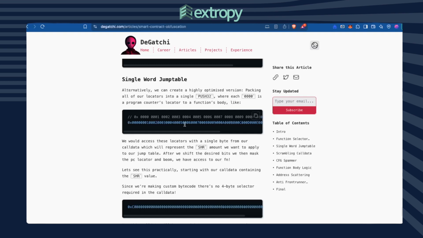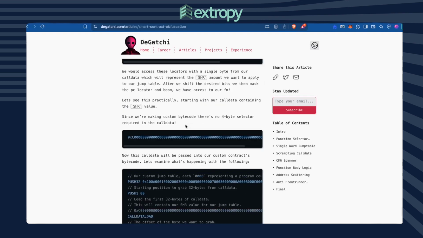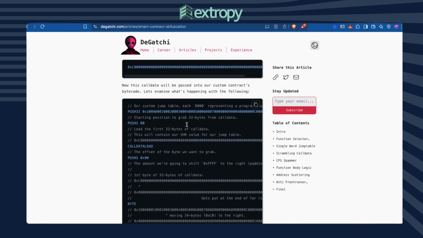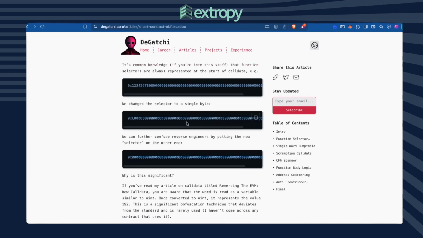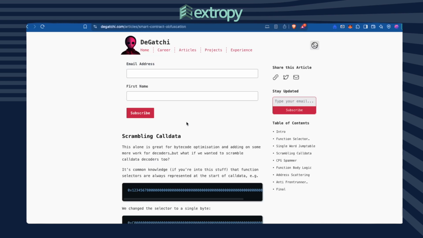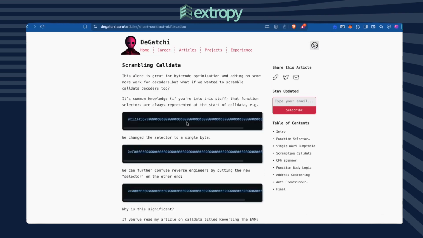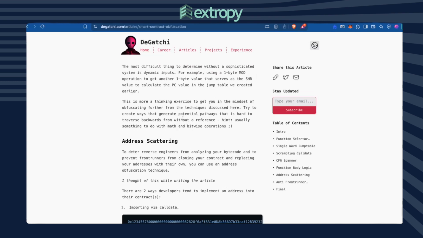It's a way that we can say where we're jumping to in the bytecode and set that up in a more optimized way and a more readable way. I'm going to have to skip that because I can't really show this, but you can have a read through that.